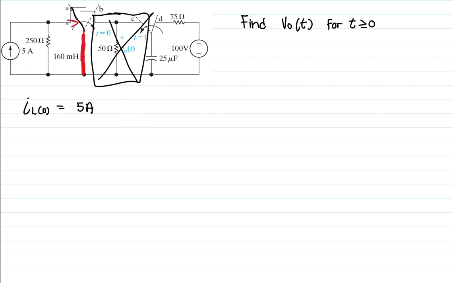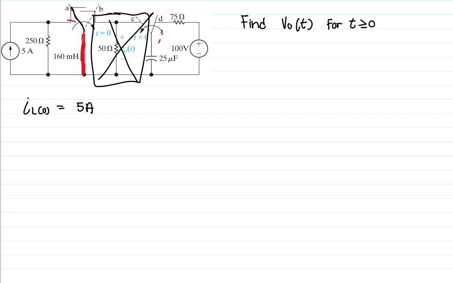5 amperes. So now we are going to focus on this part of the circuit since the capacitor is on this part of the circuit. So when we're looking at this part of the circuit, we have a capacitor right there which is 25 microfarads and a voltage source. So remember, the voltage here across this capacitor will be the same as this voltage.